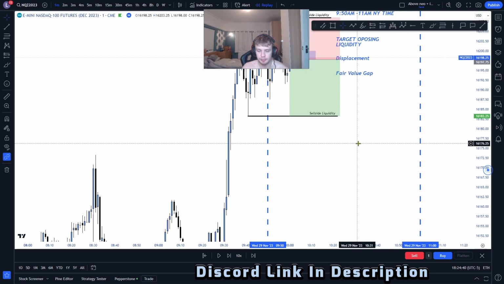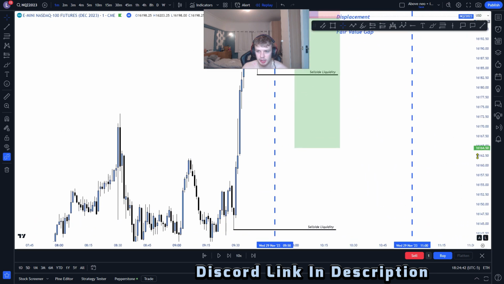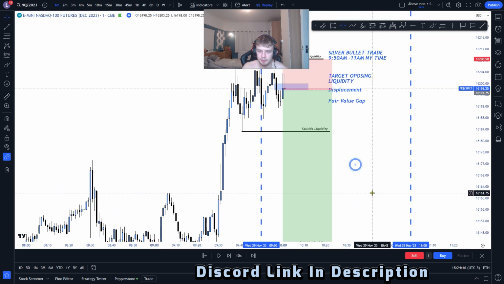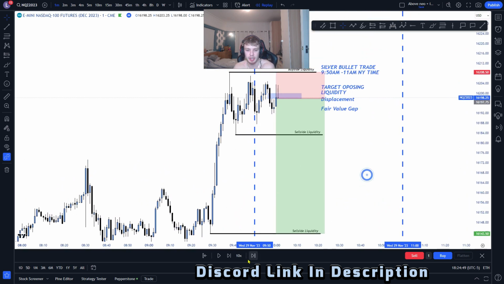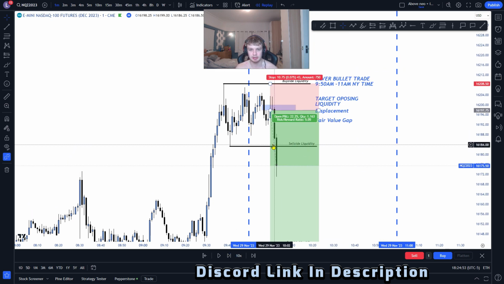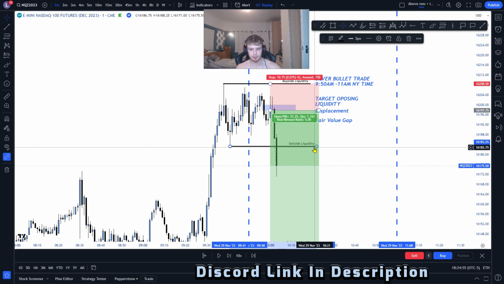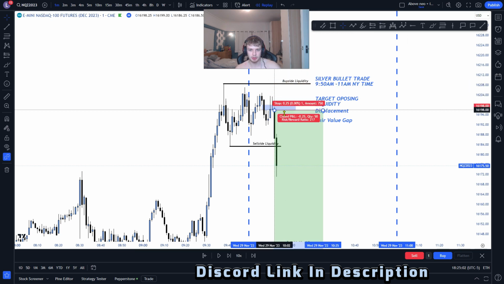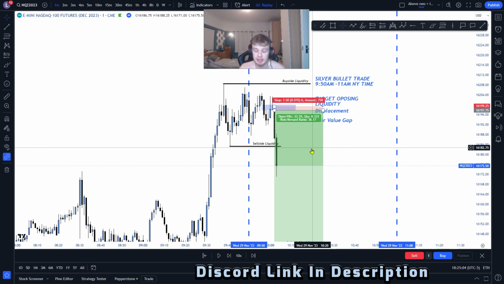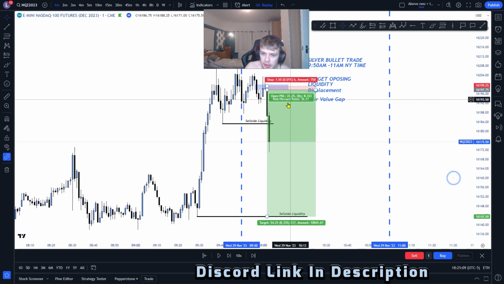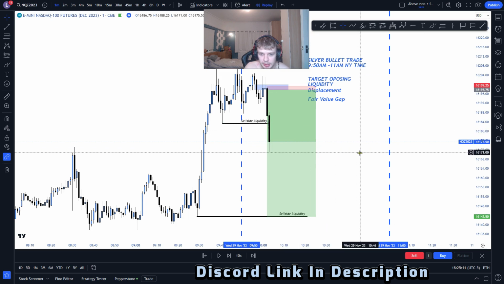But overall, what you want to do is target your main sell side liquidity, and once you're entered into the trade, you can play the price out, and as you can see, we sweep this sell side liquidity right here. So at this point you could put your stop loss to break even. What that means is if price now comes up, you don't lose any money, you don't gain any money, you just exit the trade at break even.